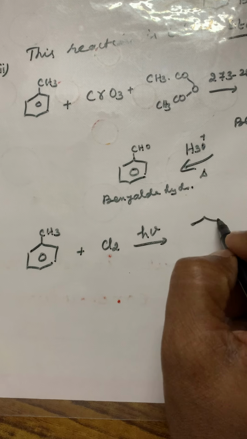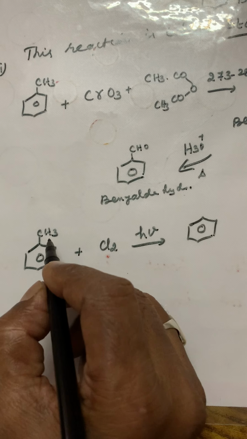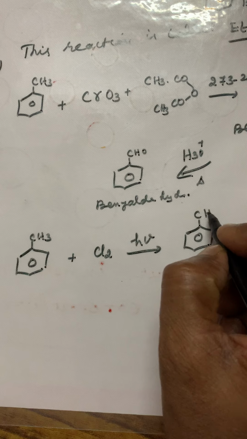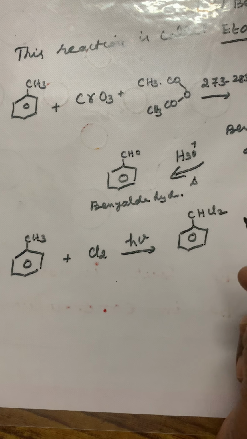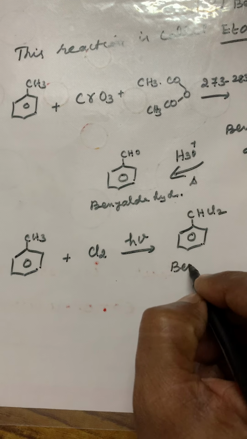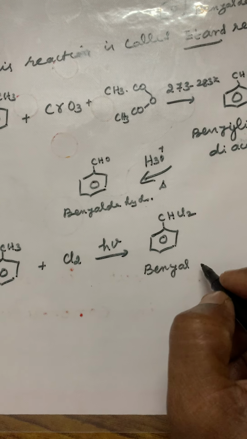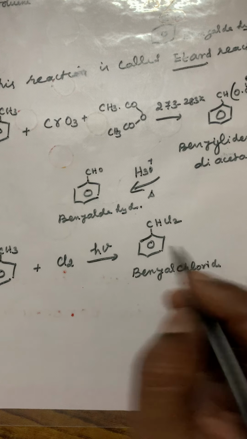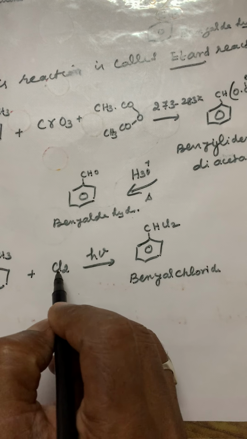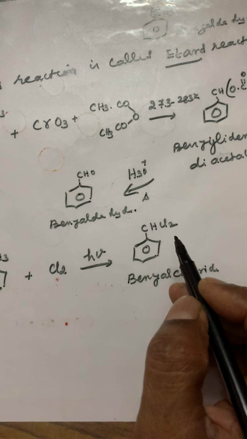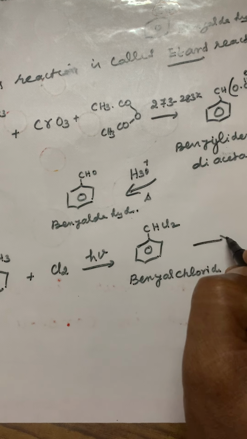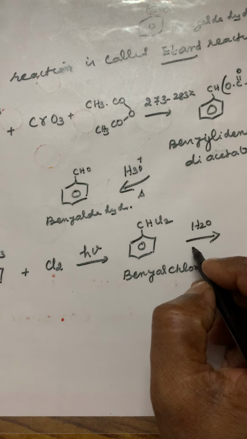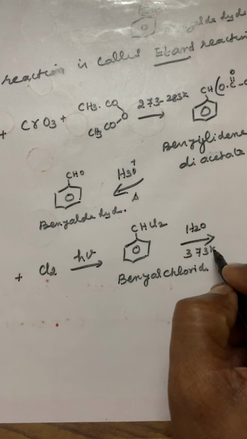In the place of two hydrogens, two chlorines will be substituted, giving CHCl2, benzal chloride, plus 2 hydrochloric acid that is removed. Then hydrolysis with H2O at a temperature of 373 Kelvin.